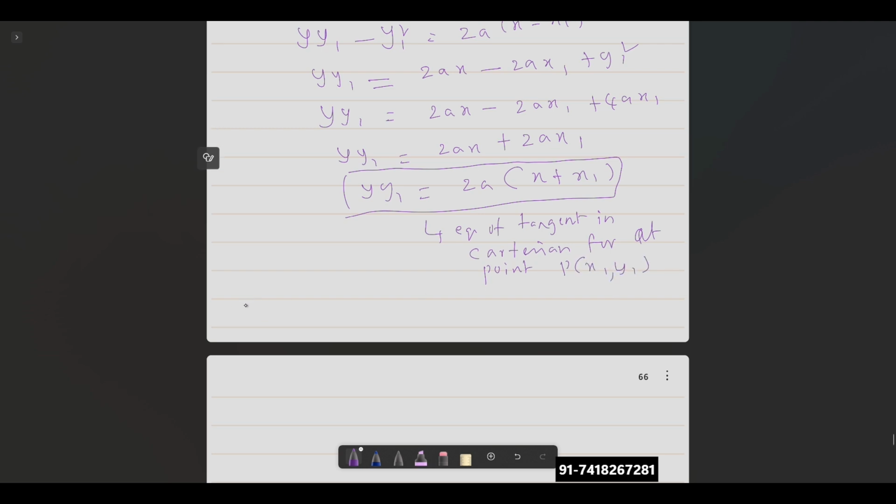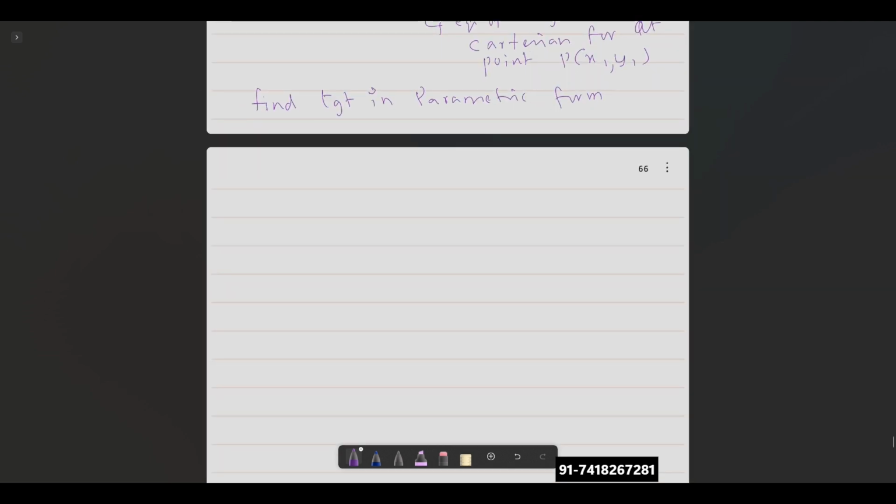So let us find the tangent in parametric form. How do you find that? Your point will be P of x1 y1, that will be P of at square, 2at. So this is your parametric coordinates.